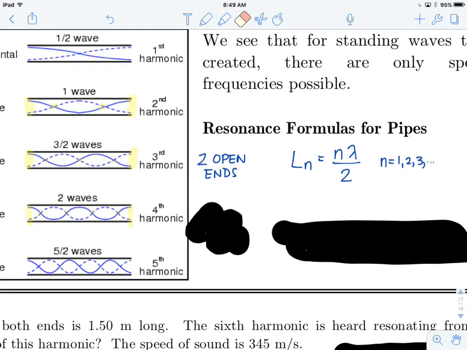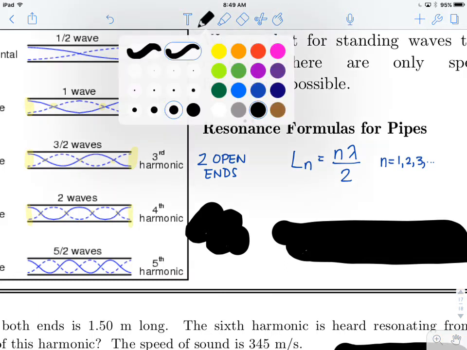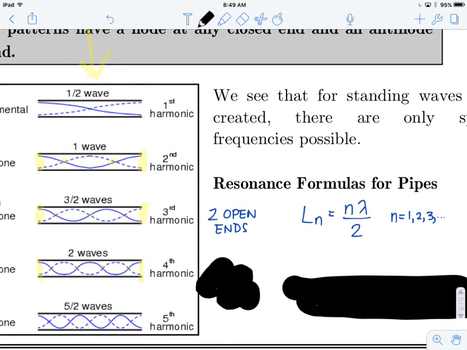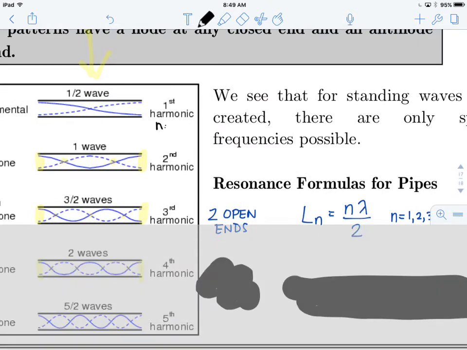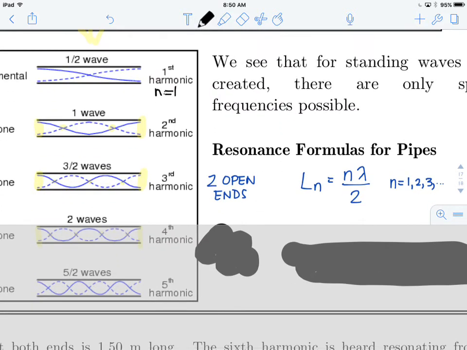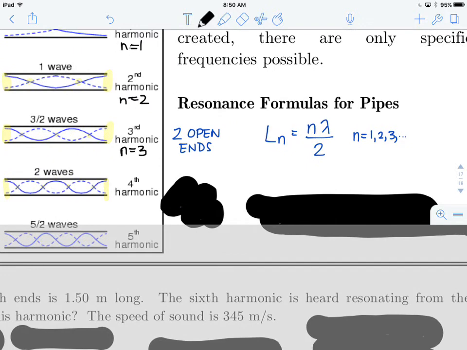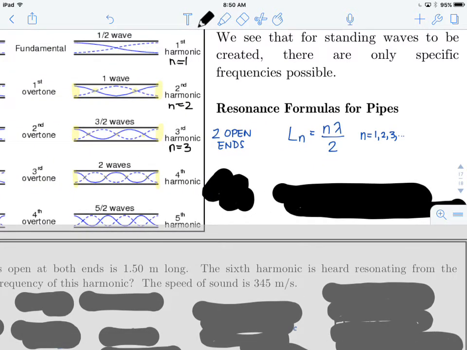Because here, when n is equal to 1, we'd have 1/2 of a wave. Here, when n is equal to 2, we have 2/2 lambda, so we have 1 full wave. Here, we have n equals 3, and so on and so forth. Okay, so that's for 2 open ends.